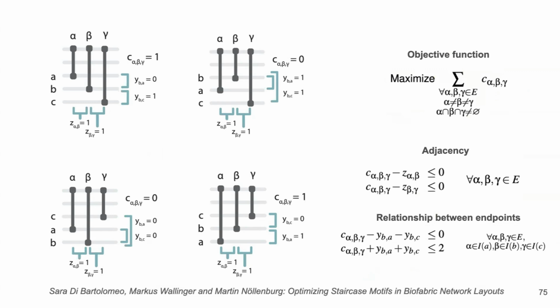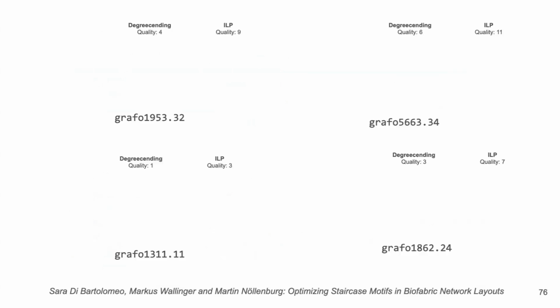The edges need to be adjacent, and one of their endpoints needs to be aligned on the same nodes, and then the other endpoints need to be in this fashion where if one is higher, then also the next is higher. So this forms the constraints that then end up going into the linear programming.